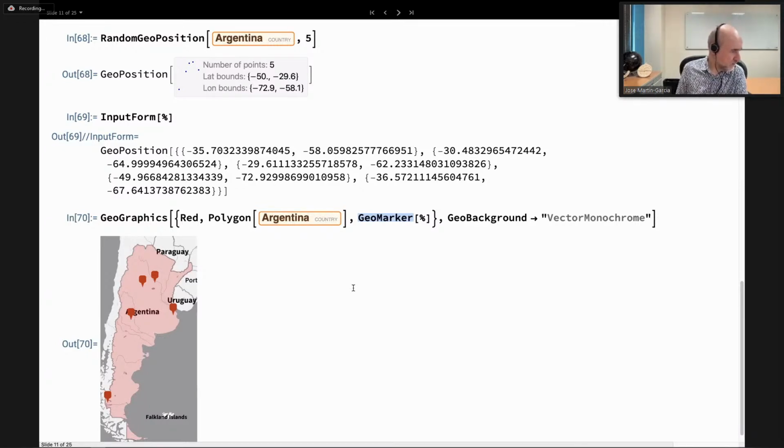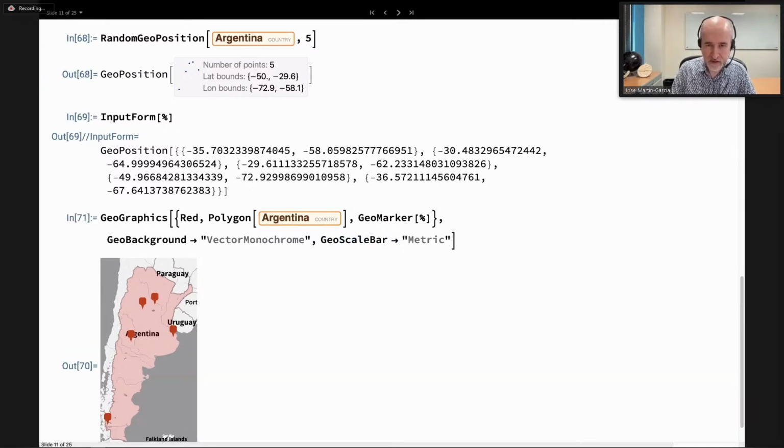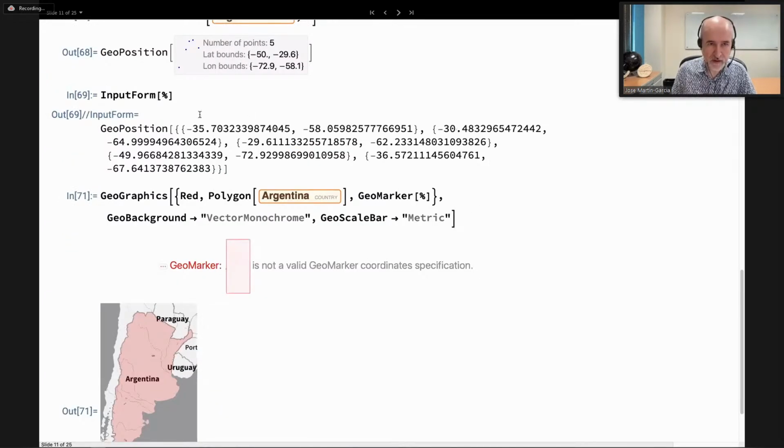Okay. Could be good to add styling to the geographic scale bar. It often gets lost. Yes, that's a good point. We indeed have been testing an internal option for that. Let me try to remember. So if I do geo scale bar here, metric, for example, sorry, I need to say I want the output 69.